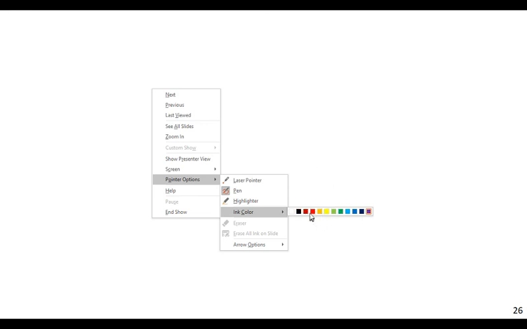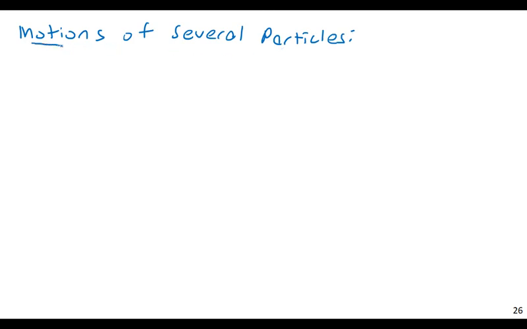What if we looked at motions of systems of particles?